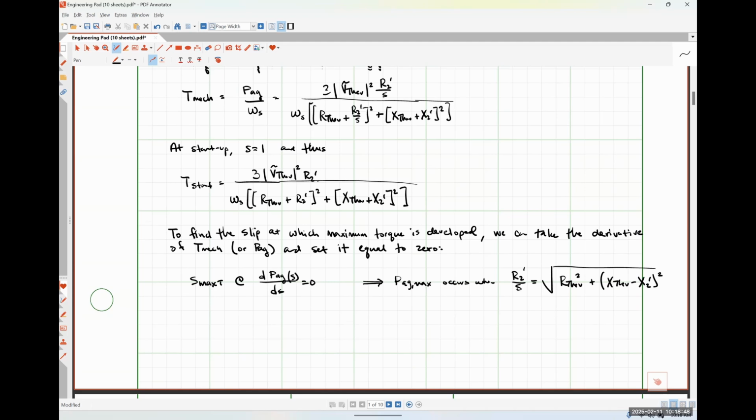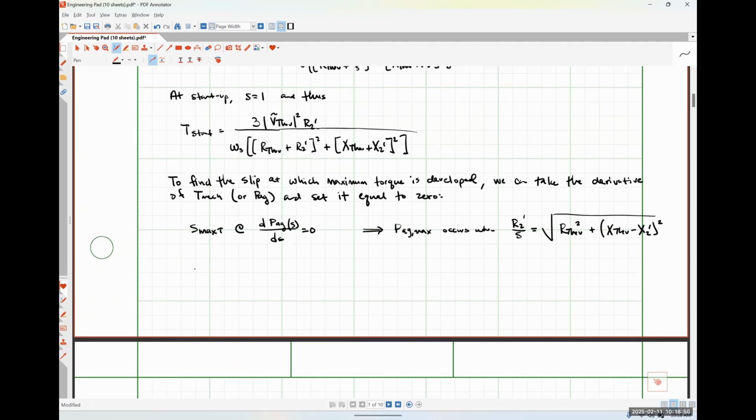So if we substitute that relationship in to find our slip, that becomes simply R2 prime over the square root of R Thevenin squared plus the quantity X Thev plus X2 prime squared, all of that under the square root.